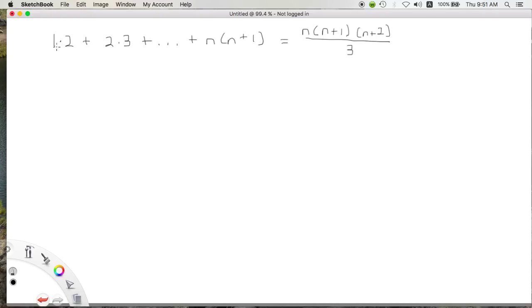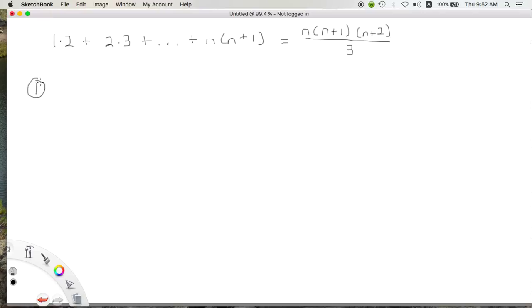So what we're saying is if we have this sequence of numbers and we add it all up, then we could boil it down to just this one simple little formula. If we just knew how many terms we were looking at, then we'd have this automatically. So let's prove this by induction.